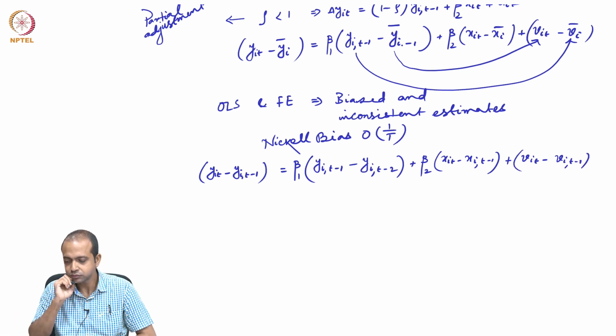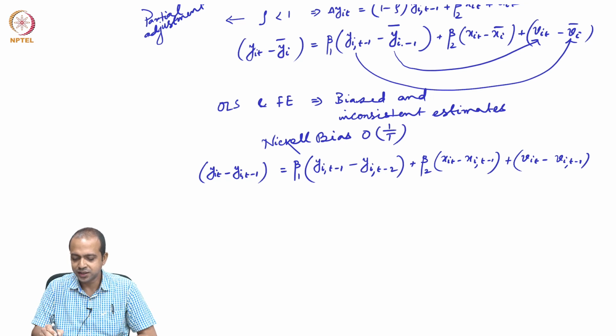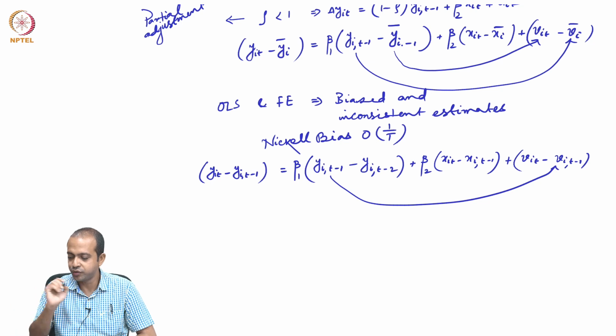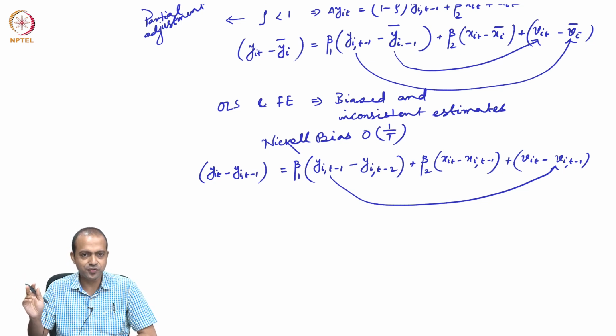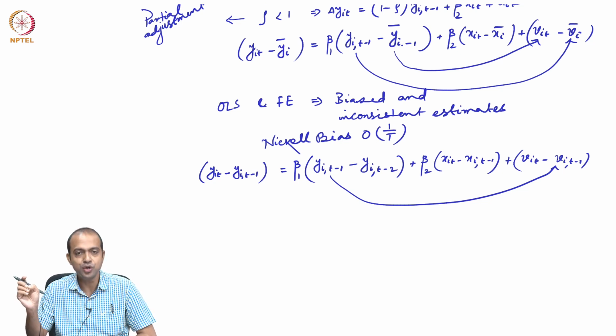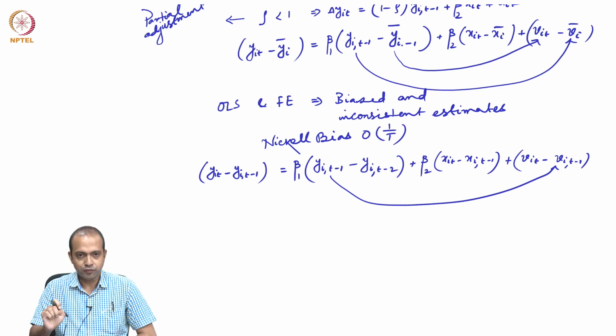Once again we can say that y_i,t minus 1 is correlated with v_i,t minus 1, so this is correlated with the error term. So first differencing is also not able to solve the problem of endogeneity, because one of my explanatory variables is getting correlated with the error term.